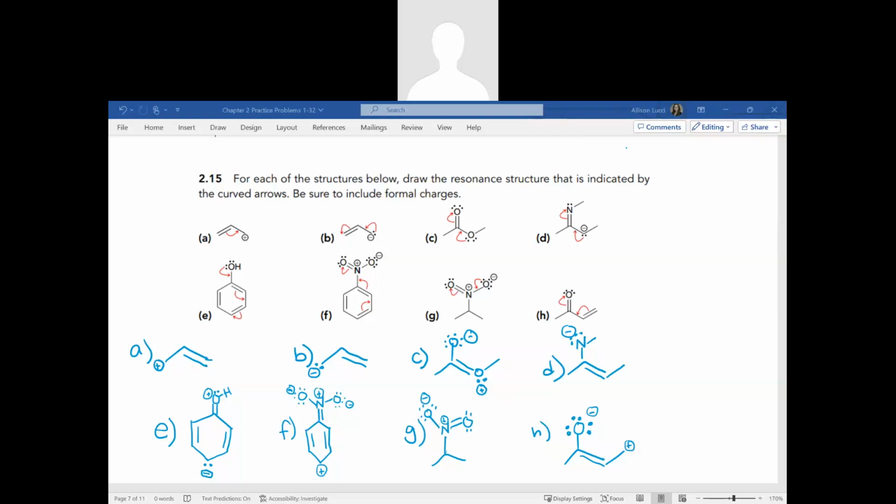Then we see in C, we have movement again. We have two arrows here, so one lone pair moving and then one double bond, pi electrons, moving as well. So we're going to create a double bond in C between the carbon and oxygen down below by movement of that lone pair.